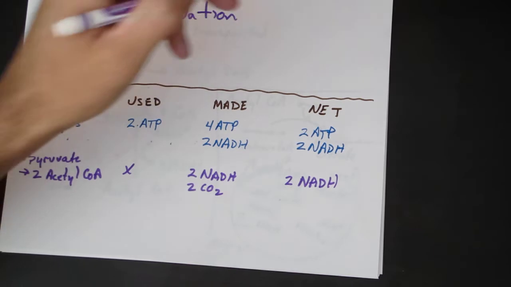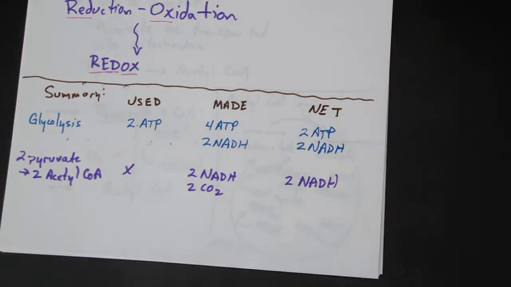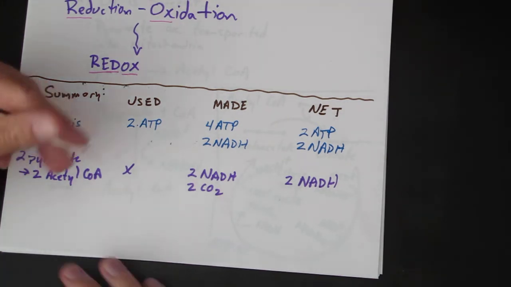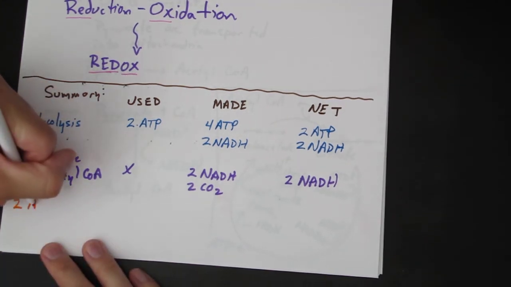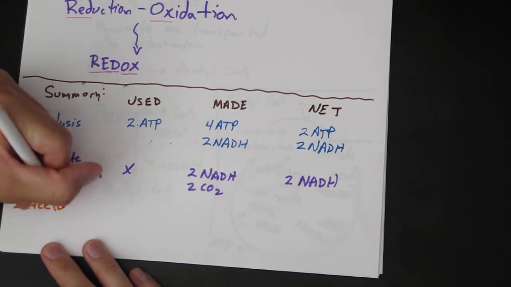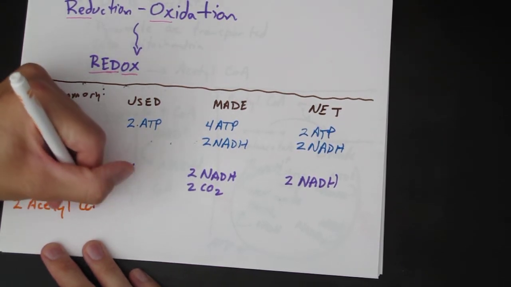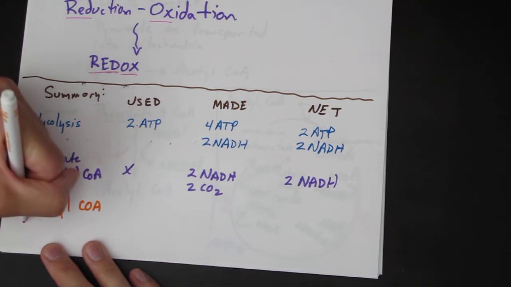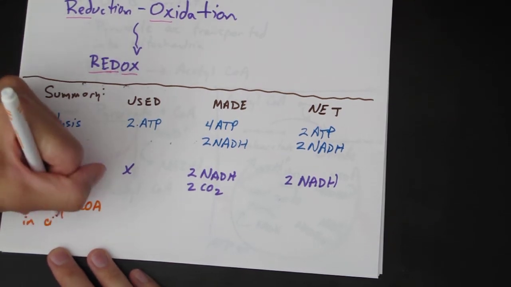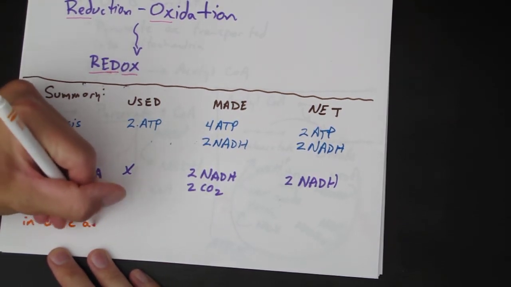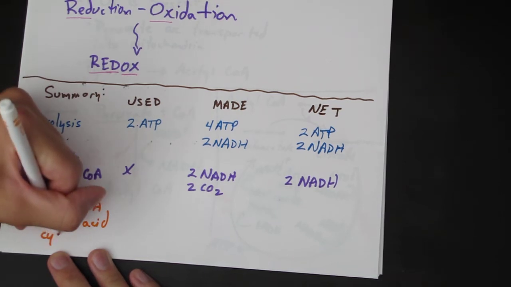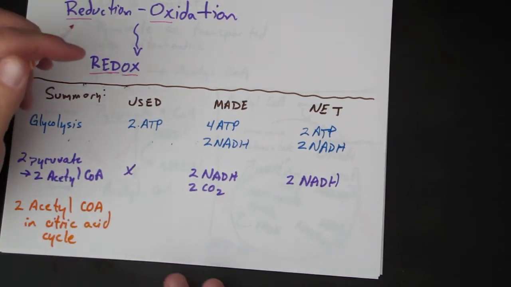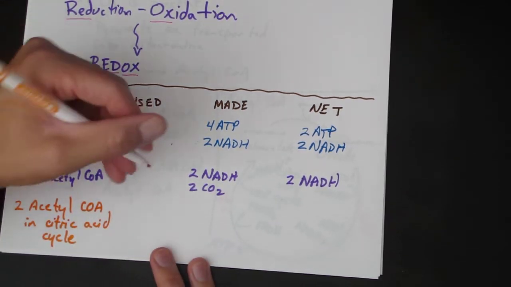All right, so there we have that. And then I'm going to go ahead and add a line here for the 2 acetyl-CoA in the citric acid cycle.